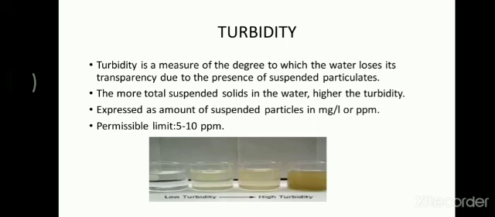As suspended solids in water increase, turbidity also increases, and turbidity can be expressed in milligrams per liter or ppm, which is the amount of suspended particles. So 1 milligram per liter is 1 milligram of finely divided silica in 1 liter of distilled water, and the permissible limit is 5 to 10 ppm.